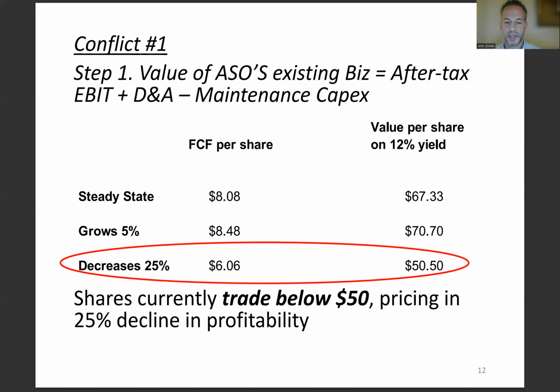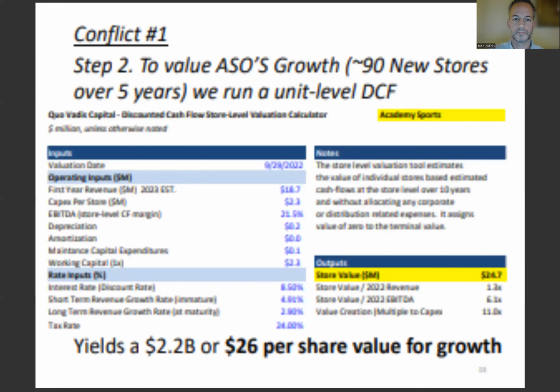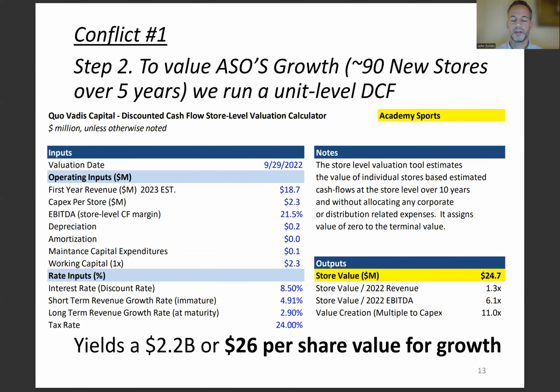However, with the stock trading at this time below $50, we estimated that this implied the cash flow was going to decrease 25% from current levels. We then looked at the value of the company's plan to open about 90 stores over the next 5 years.